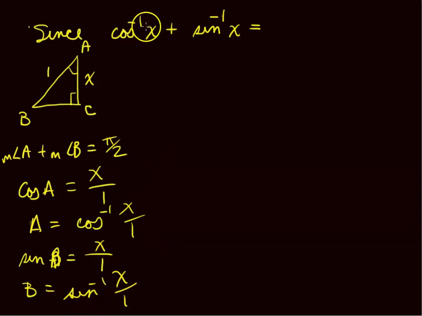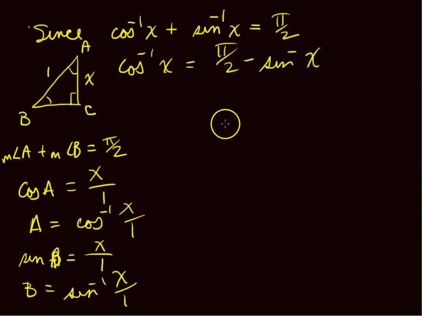So the inverse cosine plus the inverse sine of x is just A plus B, which is just pi over 2. So now that we've got that, we can solve this for cosine inverse of x, which is pi over 2 minus the sine inverse of x.